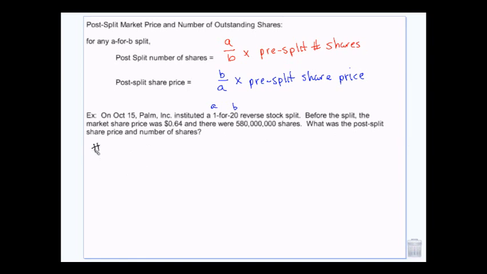So for the number of shares, I'm going to do A over B. So that's 1 over 20 times 580 million, which is essentially 580 million divided by 20, right? Because I'm doing 1/20th.